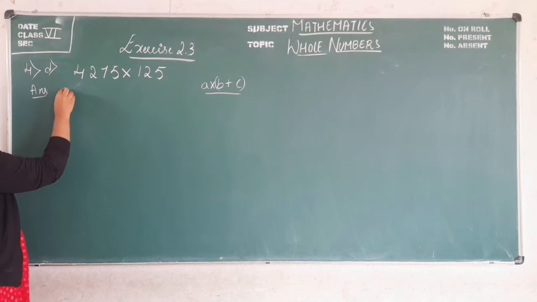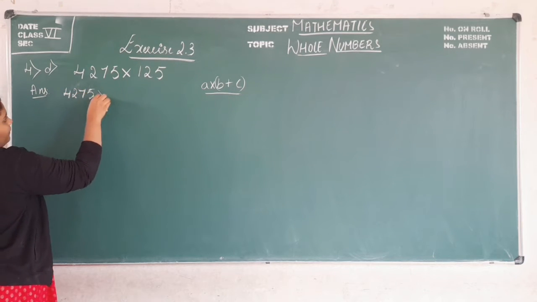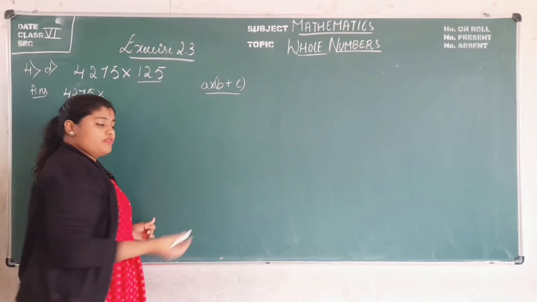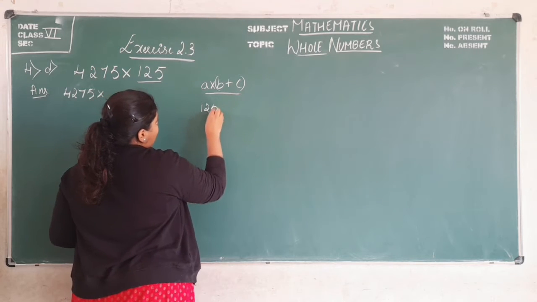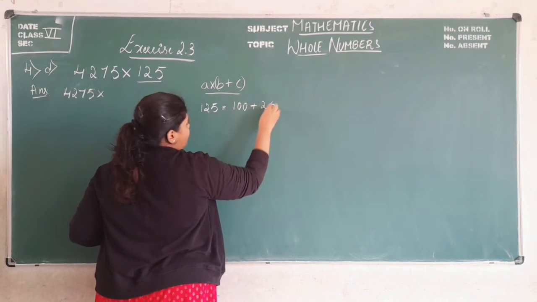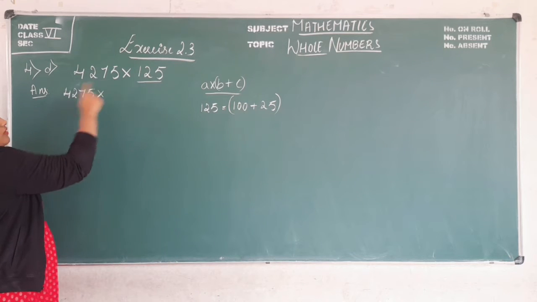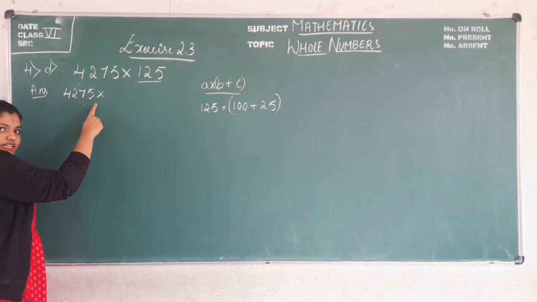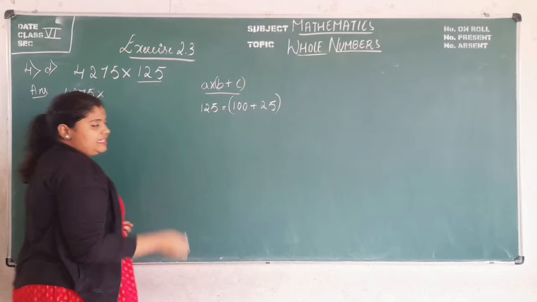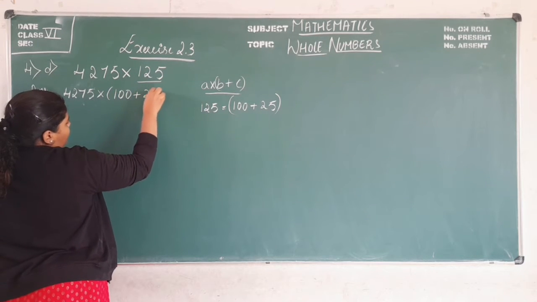If I split 4,275 into 125, can I split 125 as 100 plus 25? Yes, 125 can be written as 100 plus 25. So 4,275 I write as it is, then the into sign, then in place of 125 I write 100 plus 25.